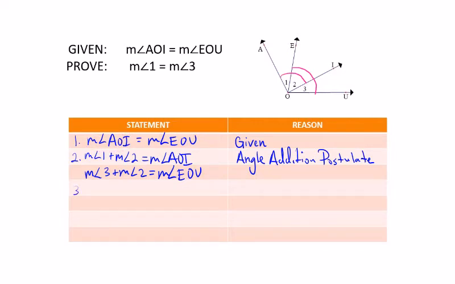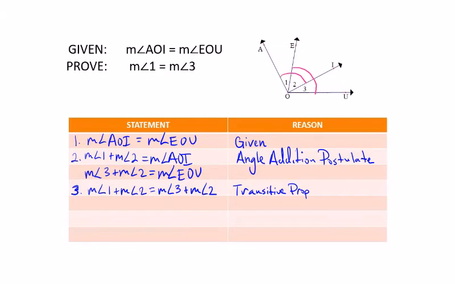Okay, so I can say now that the measure of angle 1 plus the measure of angle 2, this value here, is equal to this value, the measure of angle 3 plus the measure of angle 2, right? And that's by the transitive property. Two things that equal the same value are equal to each other.